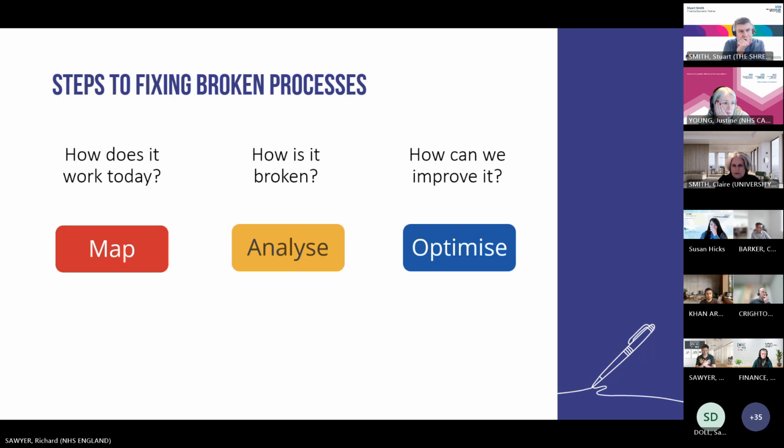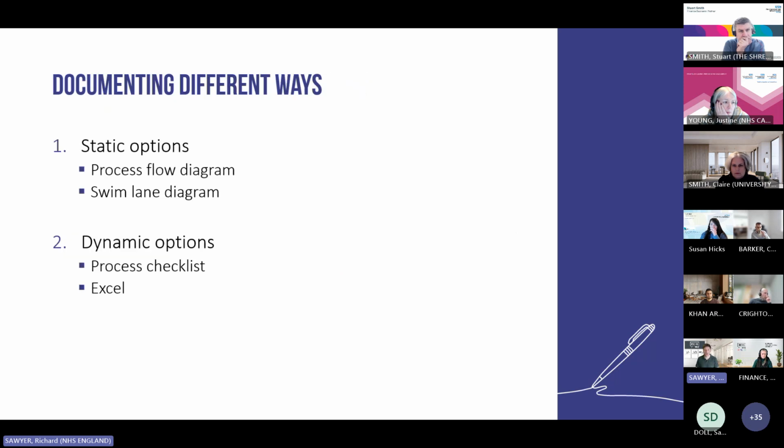Now, there are different ways of doing and documenting processes. Remember, before AI came along, we paid loads and loads of money to external consultants to come in and draw extremely intricate swim lane diagrams of all the different things that exist. It took months.